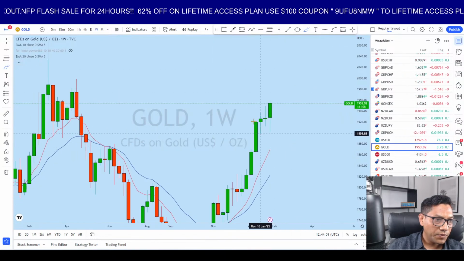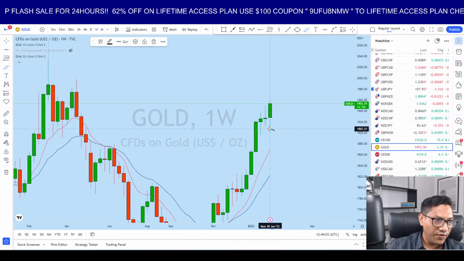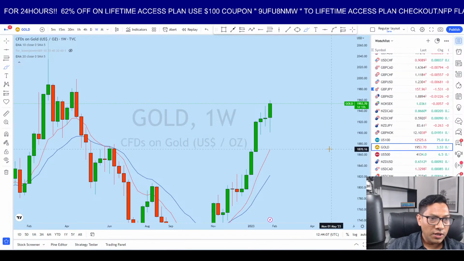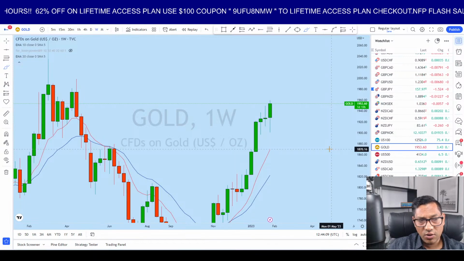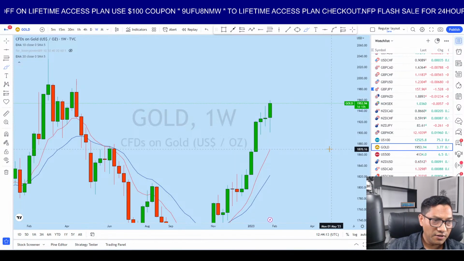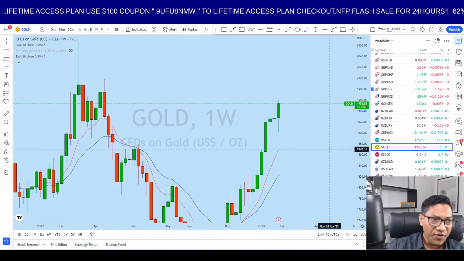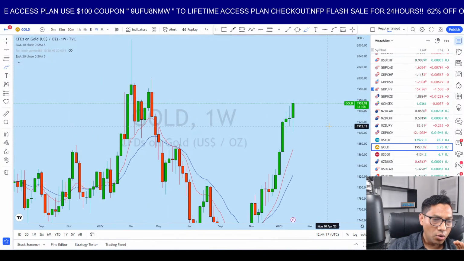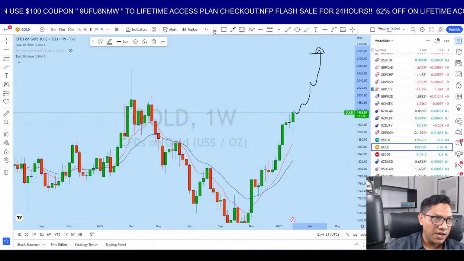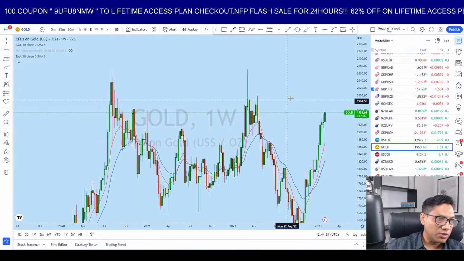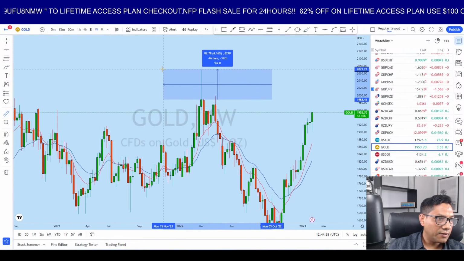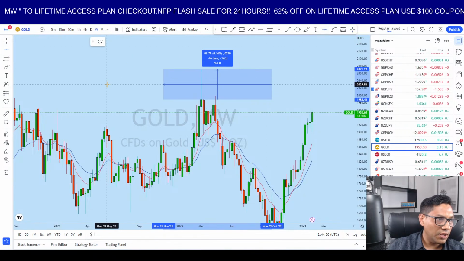Looking at the weekly, this is the weekly candle, which, you can see, grabbed liquidity from here. So still 1 day 10 hours to go on this weekly gold candle. But in fact, it's a big sign that gold is prepared for a bigger move to the upside in the upcoming days. What I think, guys, is that gold is coming here, at least to this level.